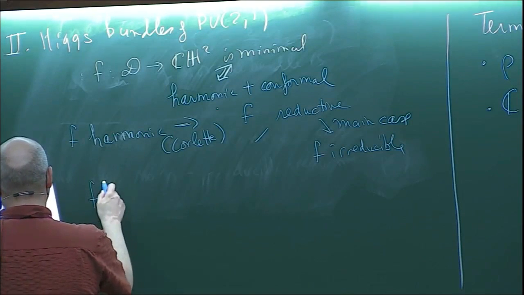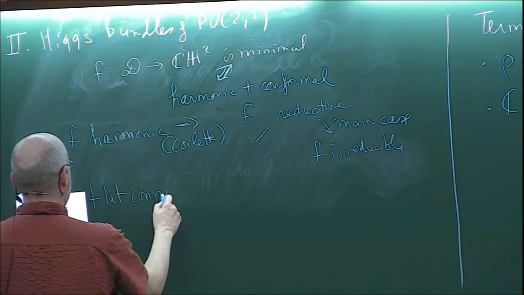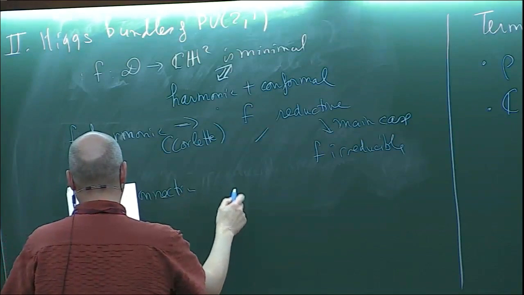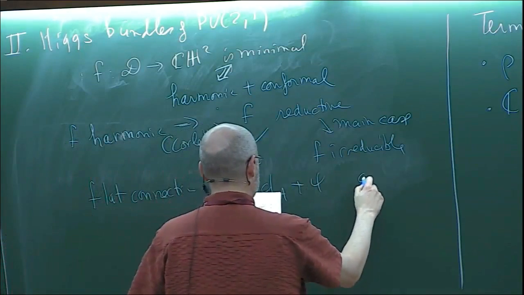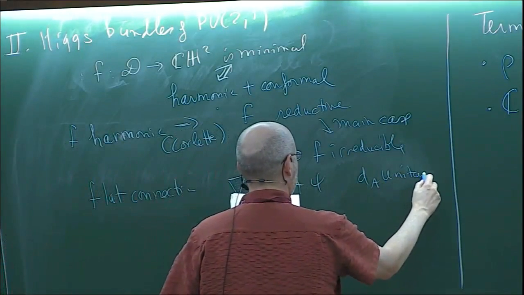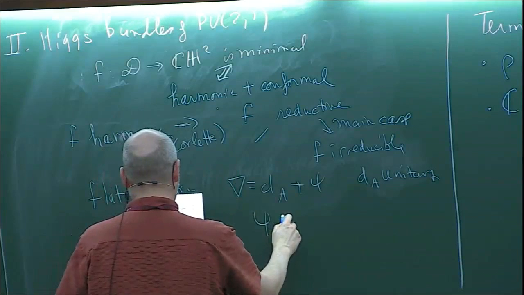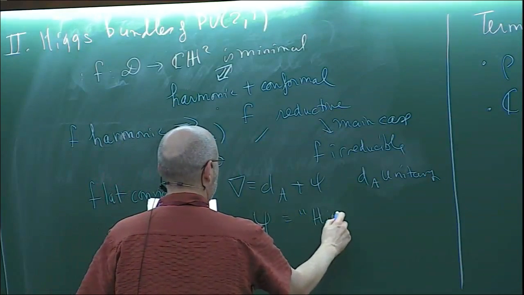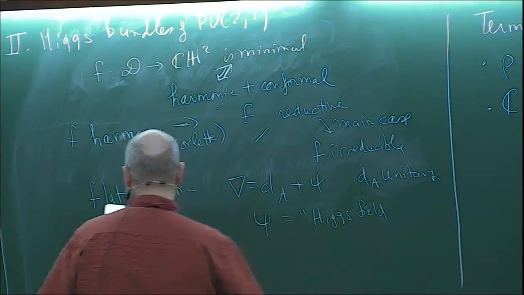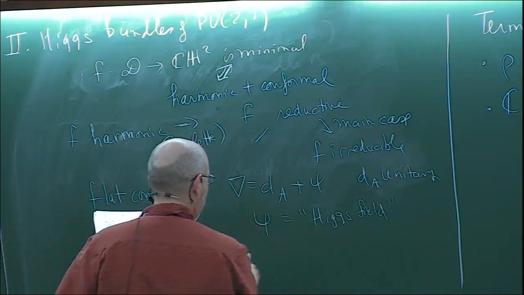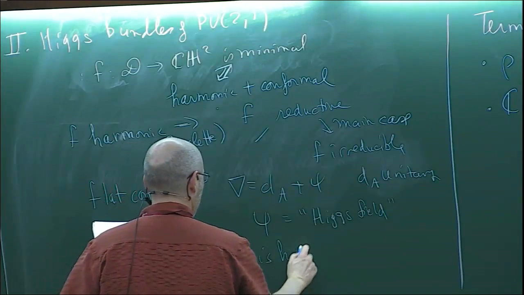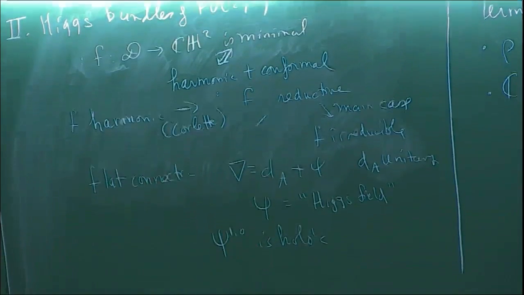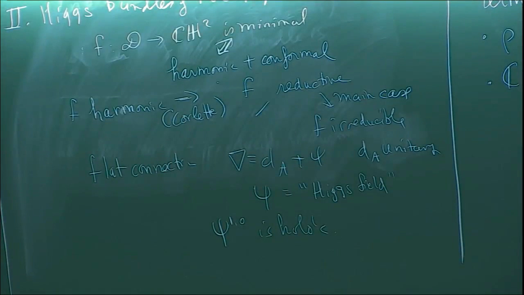So in this case, we also have a flat connection, nabla, which may be dA plus psi, where dA is unitary, and psi is one version of the Higgs field. And in this setting, the (1,0) part of psi is holomorphic with respect to the complex structure on D. Okay? And so this is how we're going to get this holomorphic object.